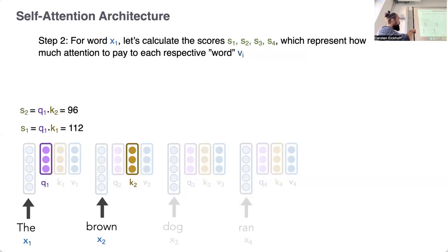I'm still representing the. I take the query from the. This is what do I want to represent myself, the. And this here is what do I give, right? So also what do I send when I'm being used as context, right? This is my key. And you'll see that I'm going through these keys. So in representing the strength for how much brown should I load into the, I use this query here. This is where I come from. And I cast to the key.